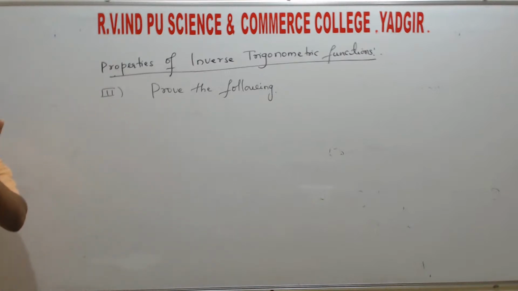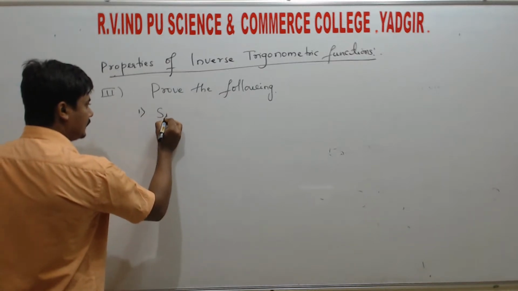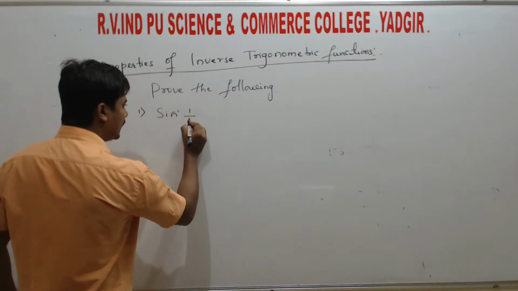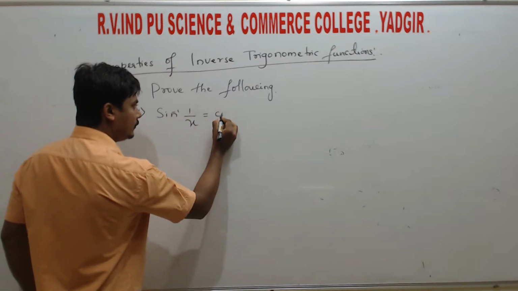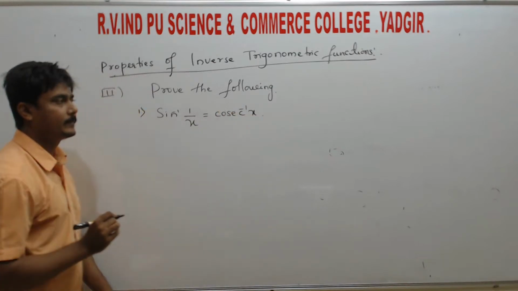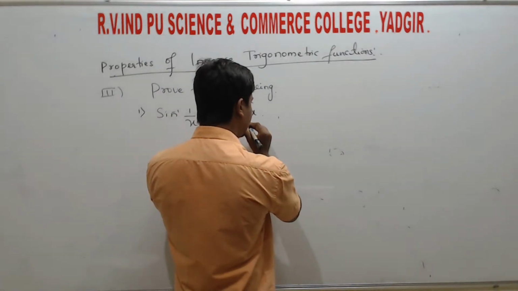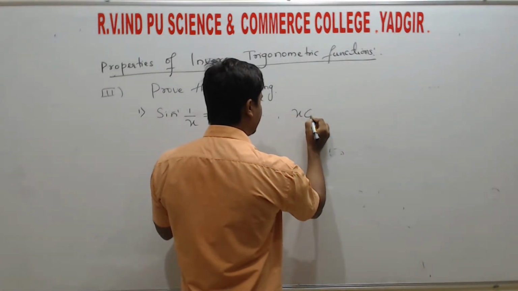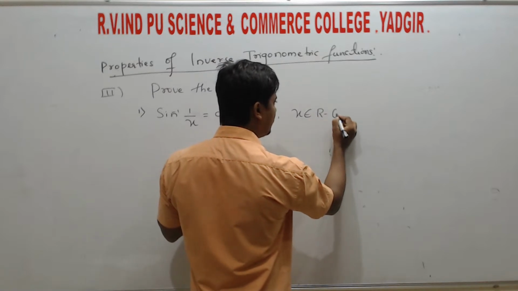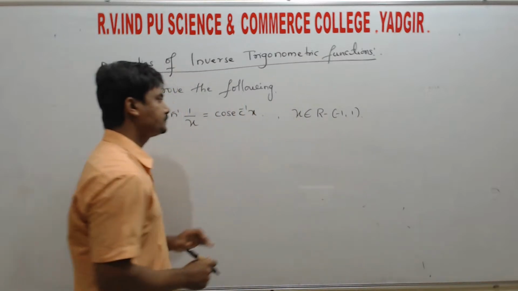So, prove the following. The very first property we are going to discuss is sine inverse of 1 by x is equal to cosecant inverse x. This result holds good if x belongs to R minus the open interval minus 1 to plus 1.